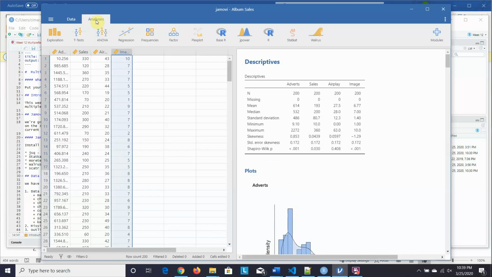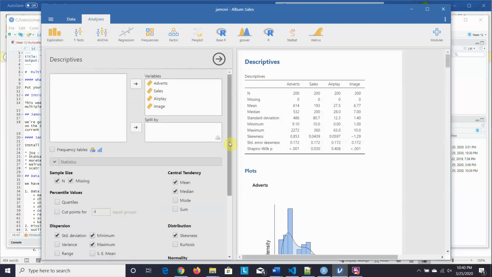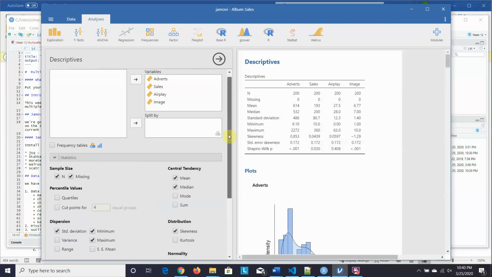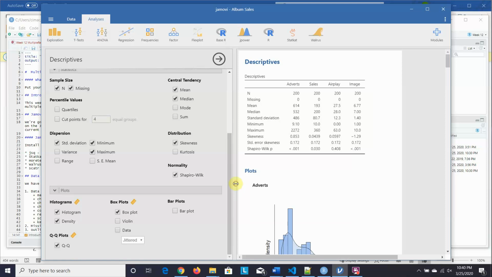So as always, we would go into our descriptive statistics, and these are all continuous variables. So we're going to get means and standard deviations for all of them. We're also going to look at our skewness and Shapiro-Wilk for normality tests to see how we are with our normality assumptions. And because these are continuous, we're going to look at histograms and box plots.